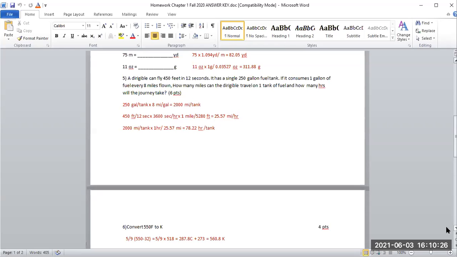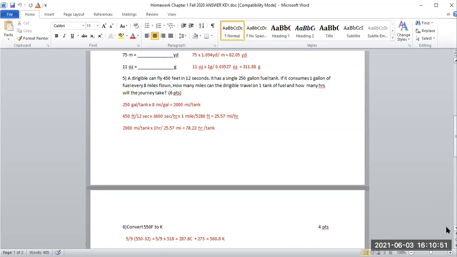So we've got a 250-gallon tank, and this gets really crappy gas mileage. We have 8 miles to the gallon. But that does mean, because the tank is large, that you can go 2,000 miles on a full tank. It then asks you, as a separate part of the question, how many hours is it going to take you?